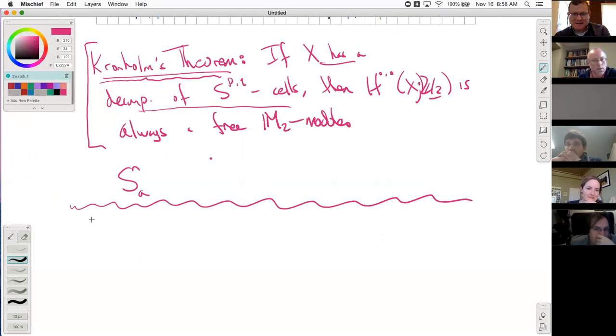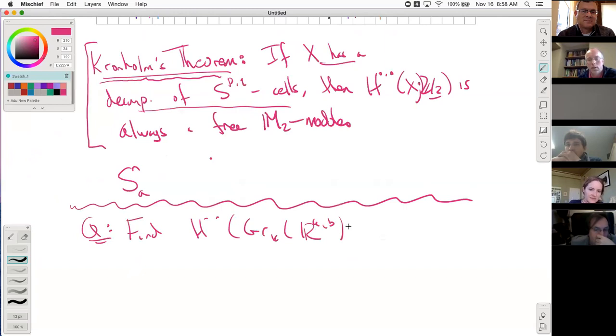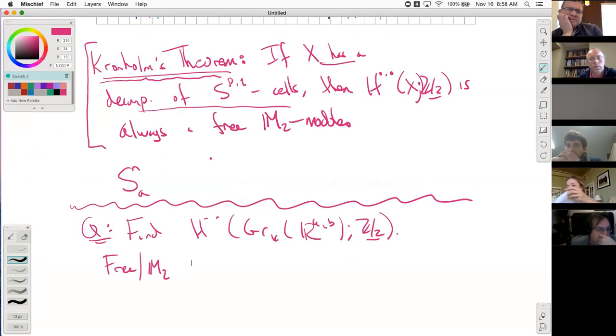So here's the question. Find the cohomology of these equivariant Grassmannians. What you know about it is that it's free over M2.